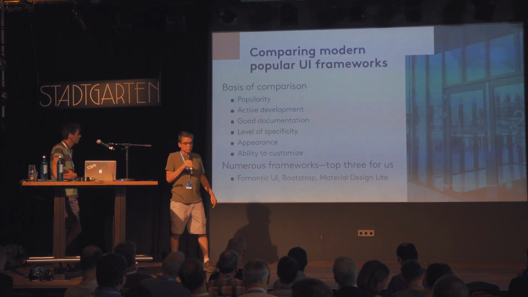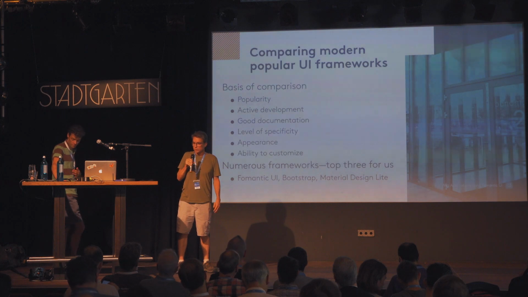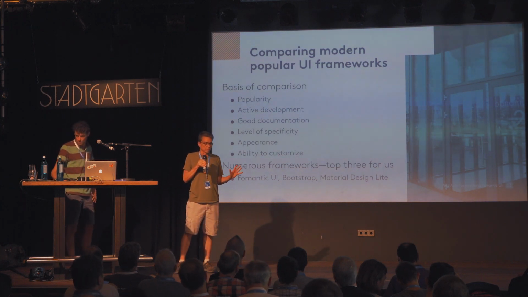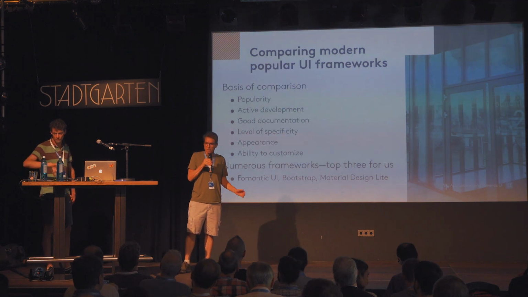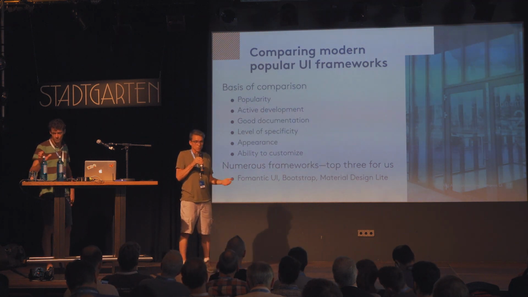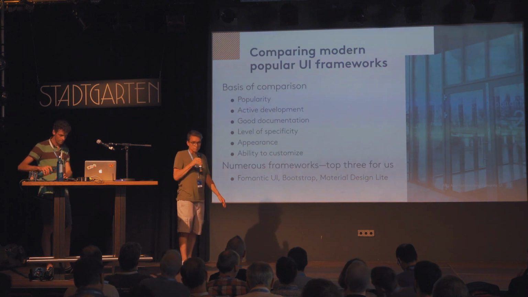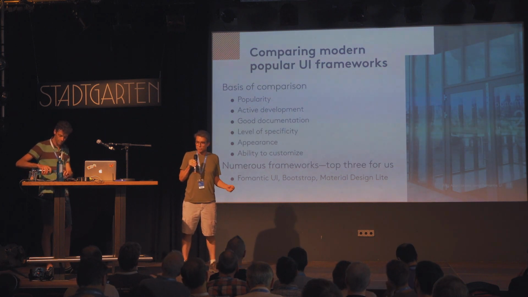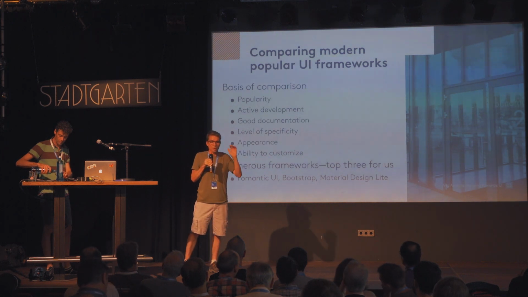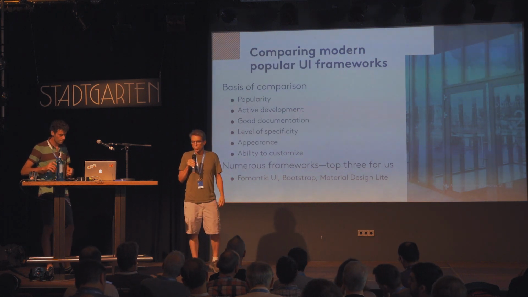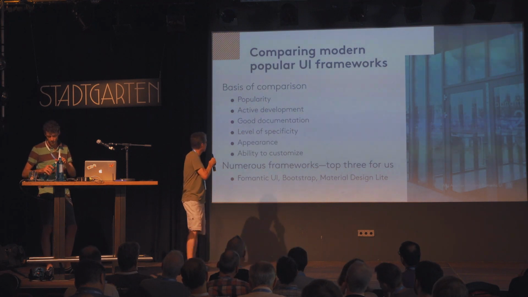We wanted good documentation. It was important that we be able to find out quickly and easily what is a particular element we'd like to use, what are the range of things that we can do with it, and if we got into trouble, can the documentation help us out? We wanted a level of specificity that was not too low so that we had to work really hard to define things. We wanted it also not to be too high, which would result in having to overwrite and override too much.